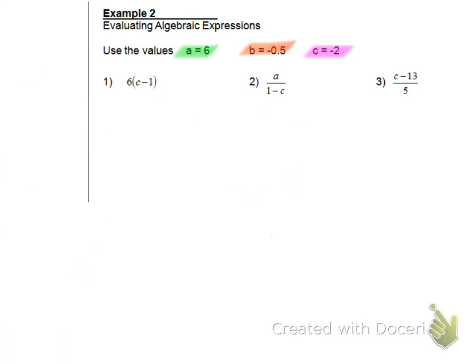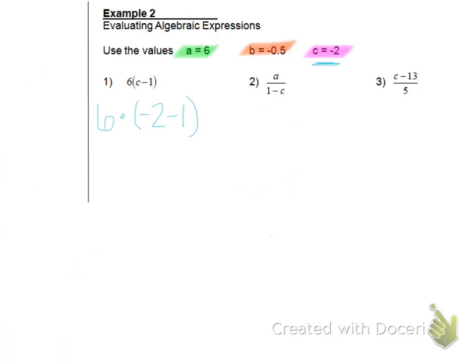So evaluating our expressions, in the first one, 6 is written right next to a set of parentheses. So that's invisible multiplication. 6 times the quantity, C minus 1. Well, up here, C really represents the number -2. So -2 minus 1.